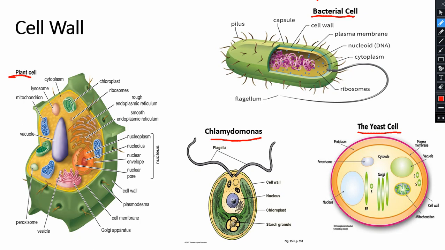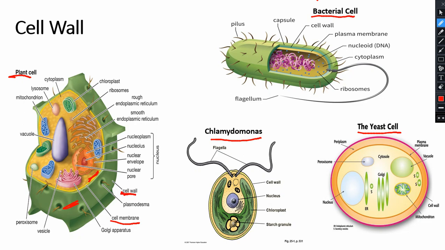First we will look at a plant cell to see where the cell wall is. If you look at this green part, this is the cell wall. And the yellow line that you are seeing here is the cell membrane.